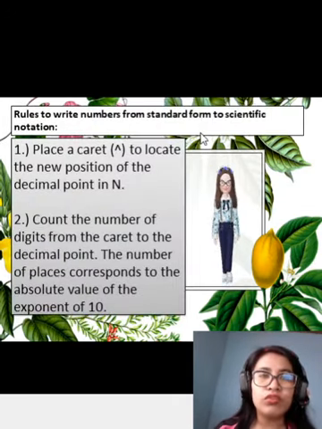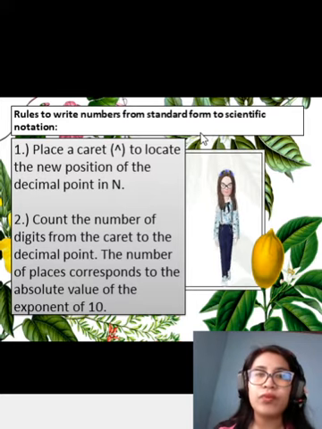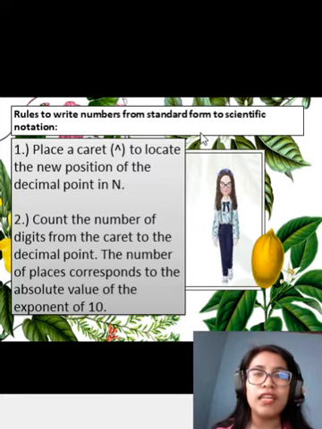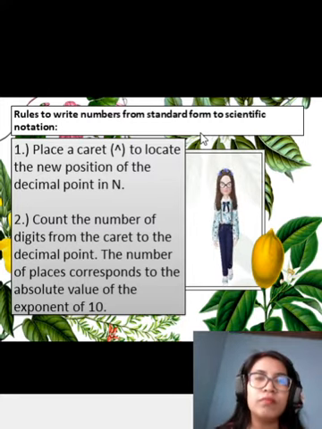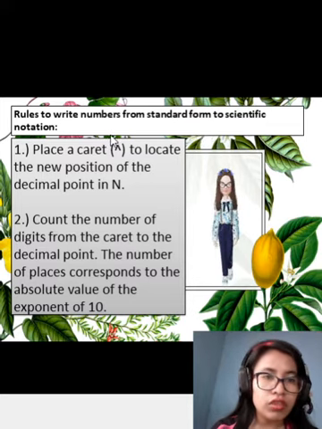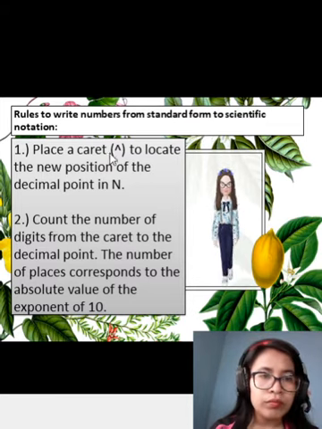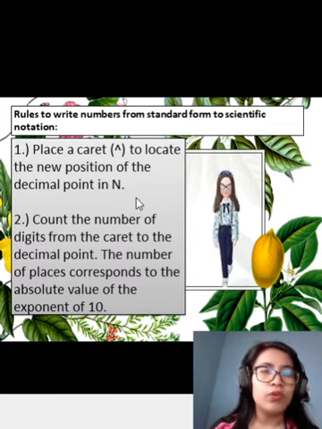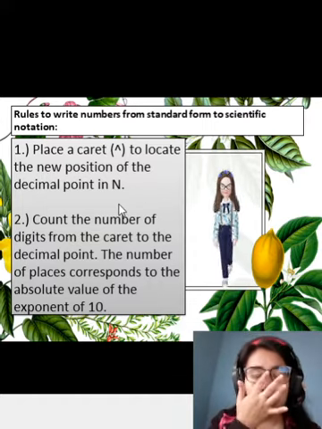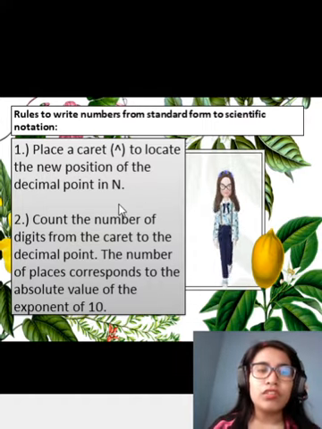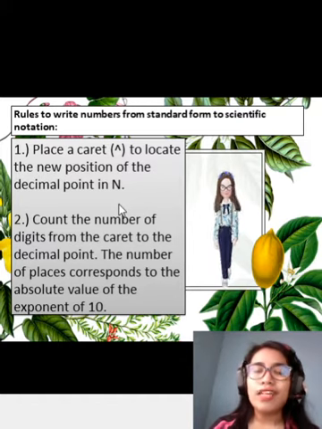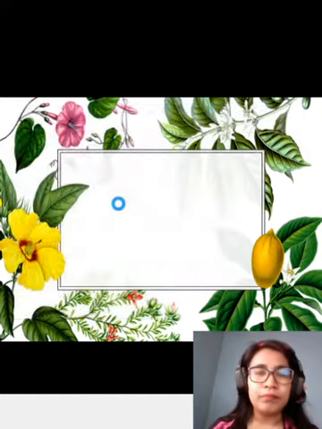Okay, here are the rules to write numbers from standard form to scientific notation. Place a caret to locate the new position of the decimal point in n. A caret looks like this. You can do that. So, to locate the new point, count the number of digits from the caret to the decimal point. The number of places corresponds to the absolute value of the exponent of 10.